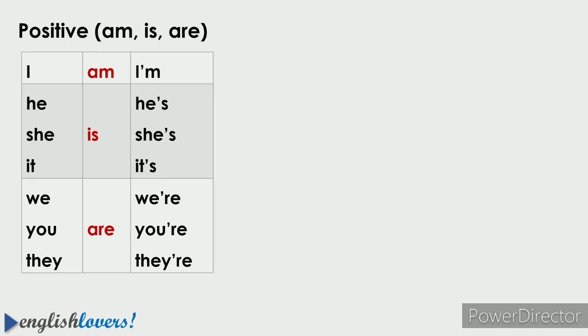So I am can be said as I'm, he is as he's, she is as she's, it is as it's, we are, you are, they are. So when we speak, these kinds of contractions, that is short forms, are used.